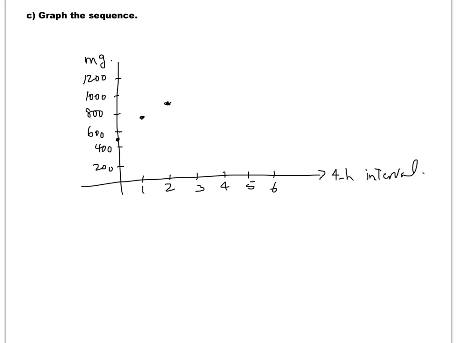Then it's going to be 937, which is going to be around here. Then 968 is going to be very close to the previous one here. You can see that the graph starts at 500 and it flattens as it goes to the right.